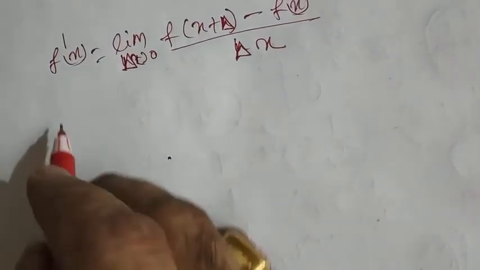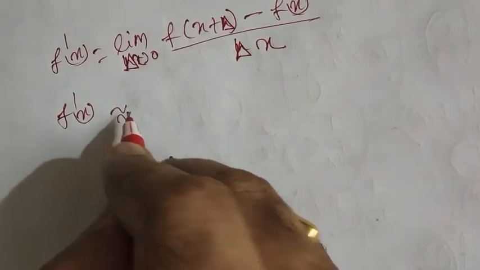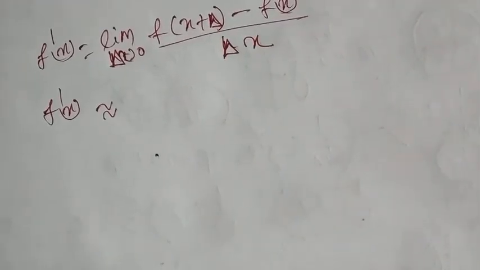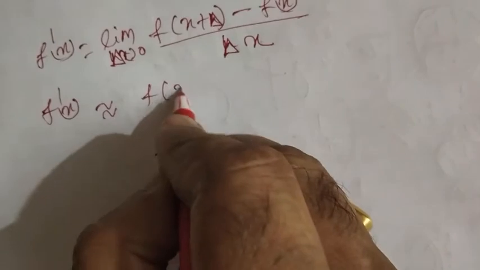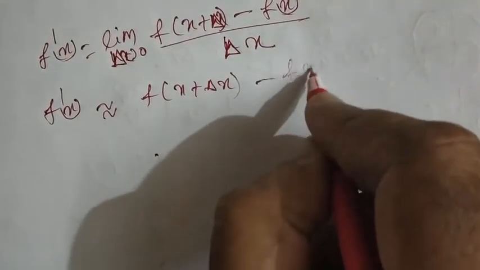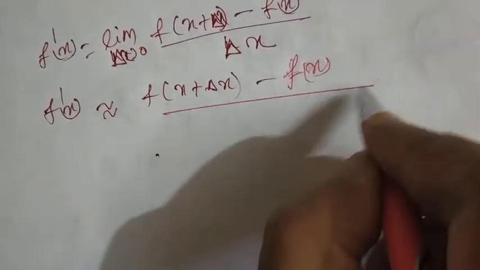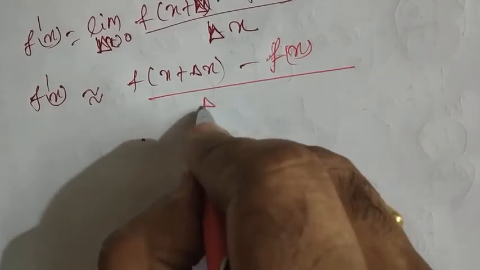And f dash x is very close to f of x plus delta x minus f x by delta x.